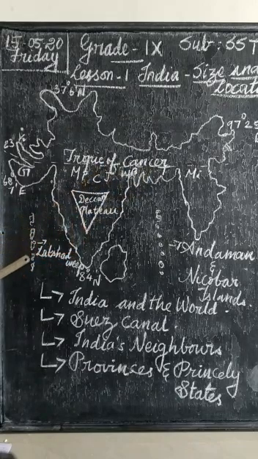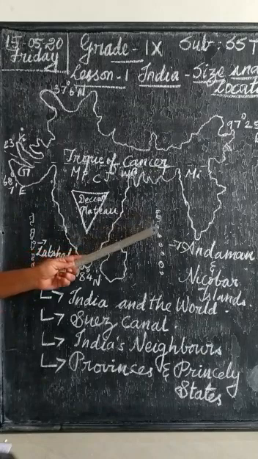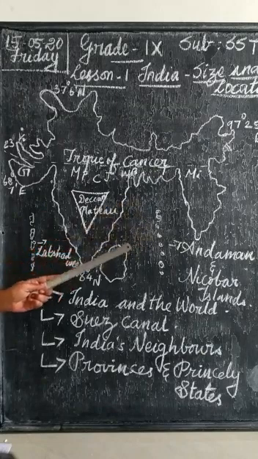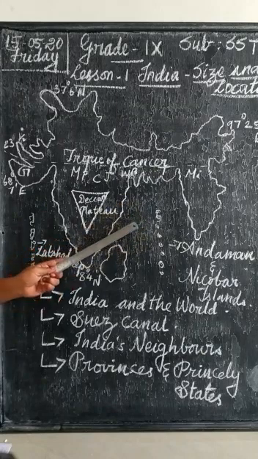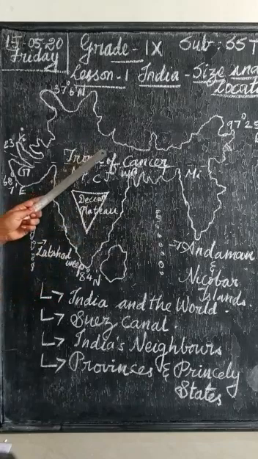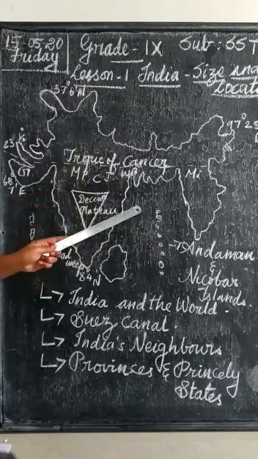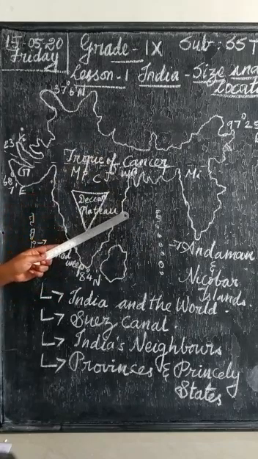See, the Lakshadweep island group lies in the southwest of India. The Andaman and Nicobar Islands lie in the southeast of India. See, the southernmost point of the Indian Union is known as Indira Point.